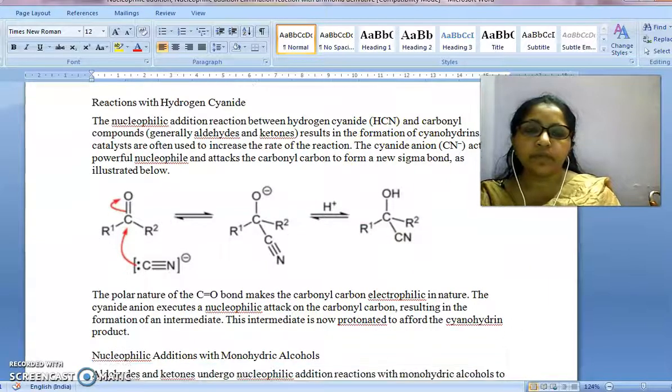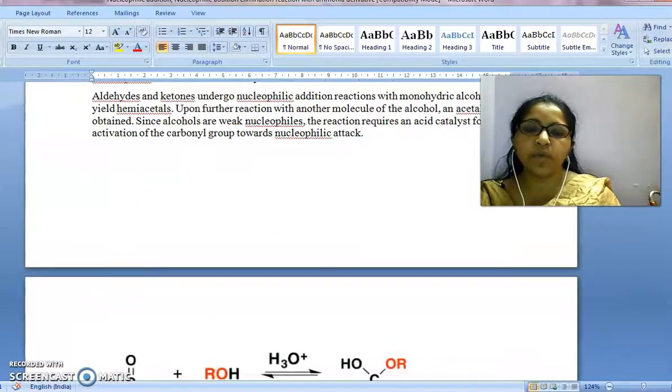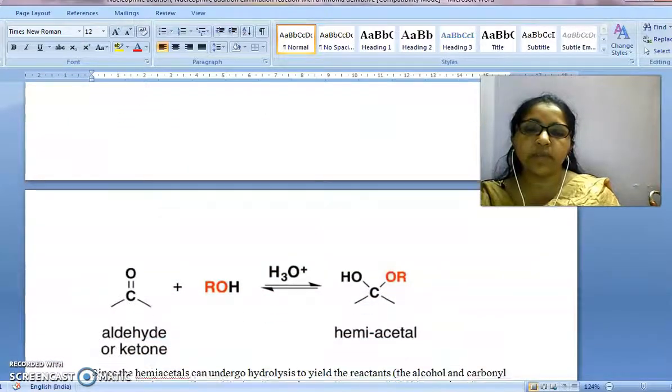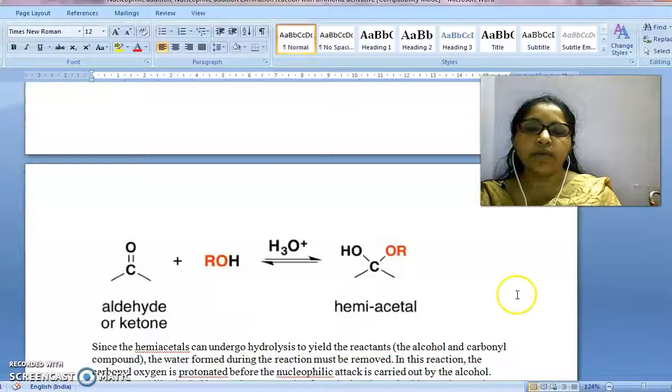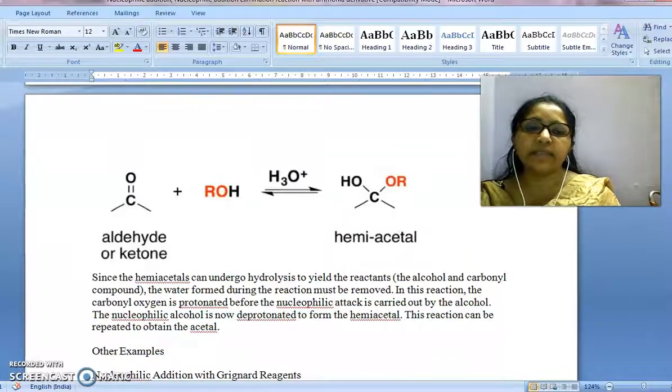Next we have monohydric alcohol, a primary alcohol, and monohydric means one OH group. So therefore it will also form a hemiacetal. This type of compound is called a hemiacetal, where you have one OH and one OR.